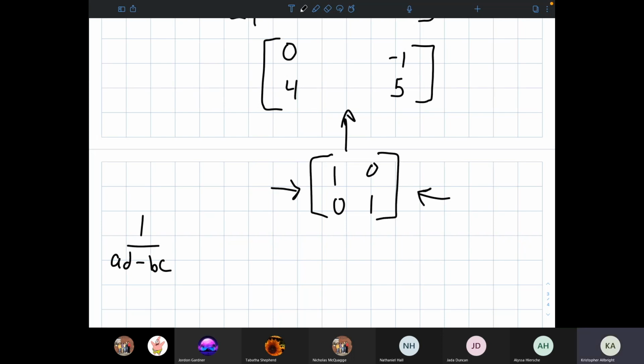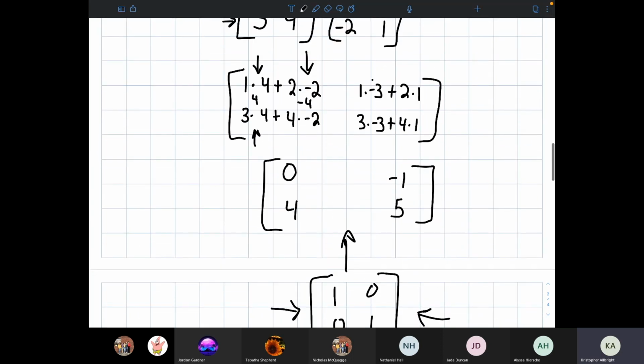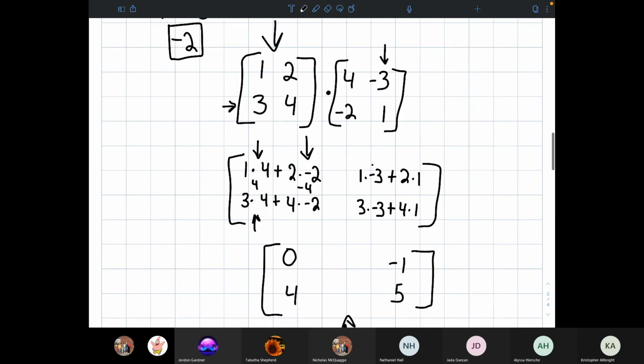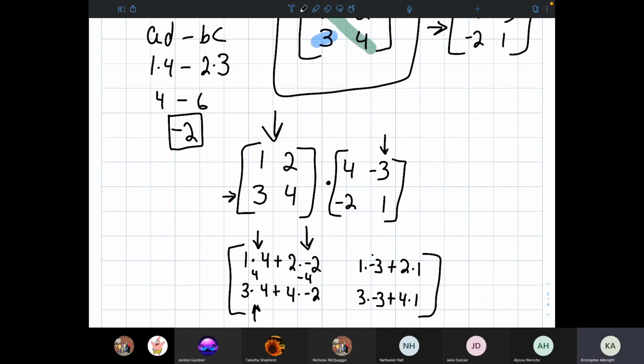So if we multiply two matrices and obtain the identity matrix. So if we multiply two matrices like these two, and we get 1, 1, 0, 0, are these inverses of one another? Why?